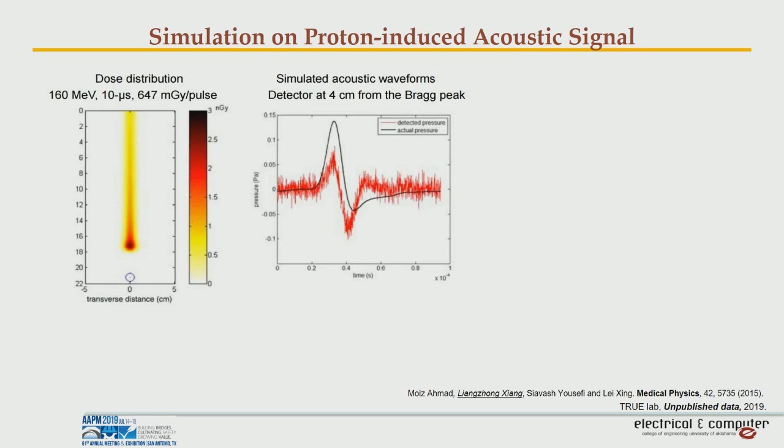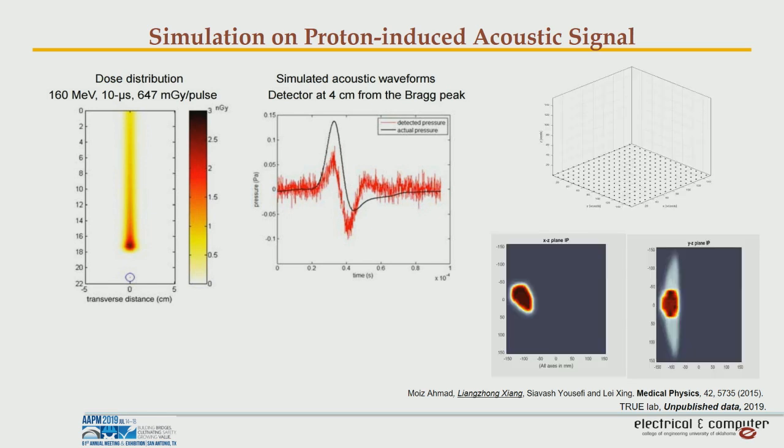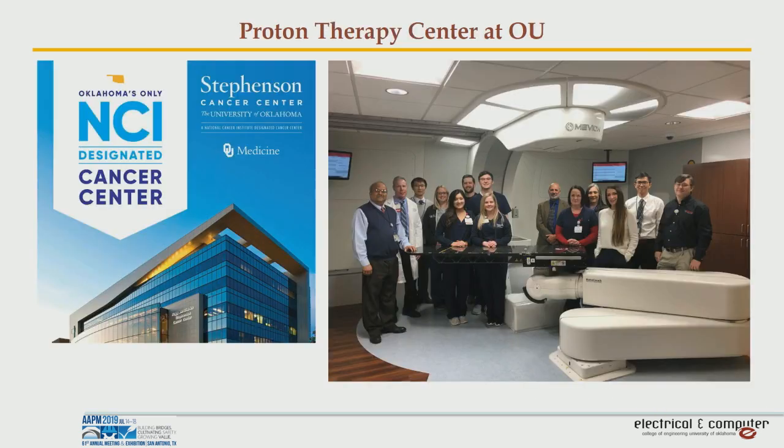We did the simulation back in 2014 and published some papers, and recently we wanted to see whether, instead of just detecting a signal, we can do imaging. So we're building a 2D array to detect this proton acoustic signal for imaging, and we're also doing the test.